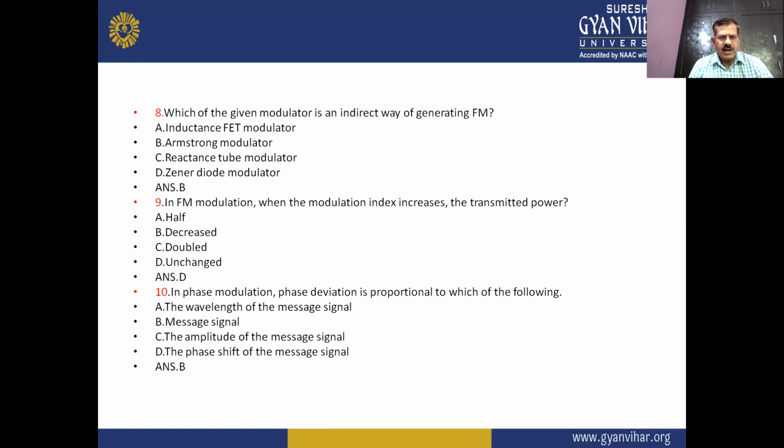Option C, the amplitude of the message signal. Option D, the phase shift of the message signal. The correct answer is B, message signal, because in phase modulation the phase deviation is proportional to the message signal.